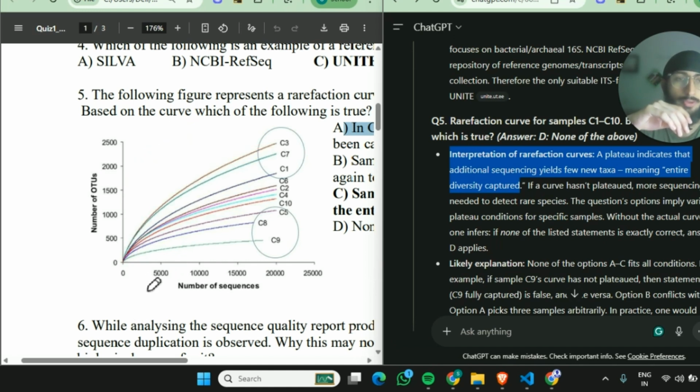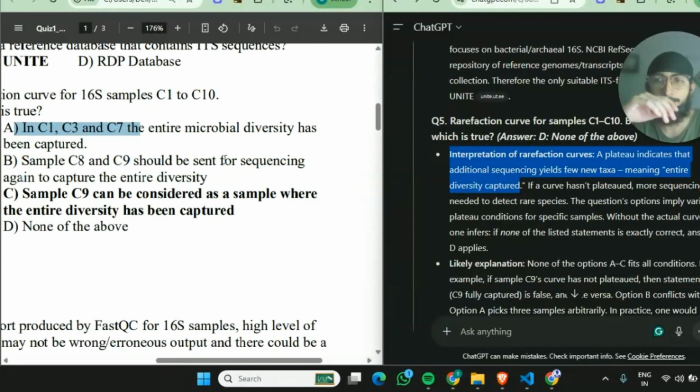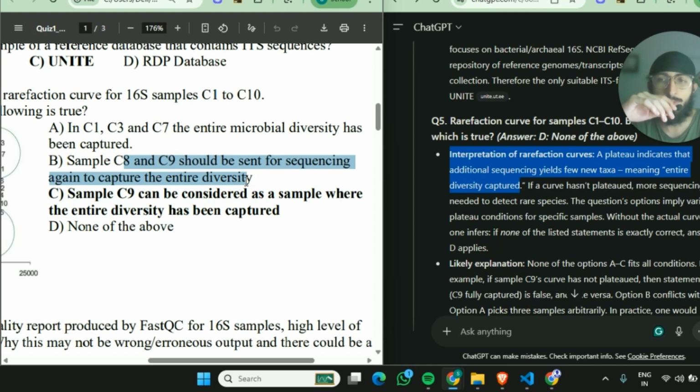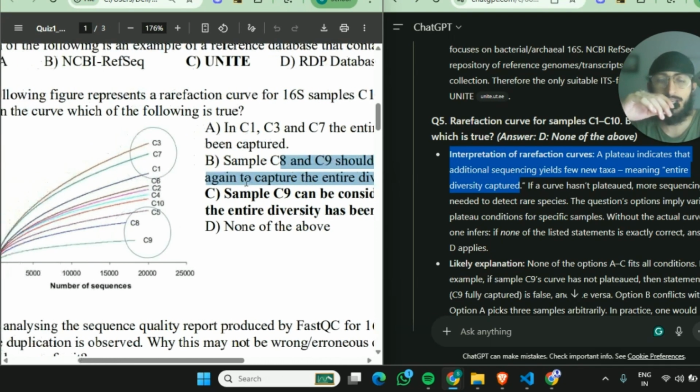But if a curve hasn't plateaued, that is, it is growing, more sequencing is required to detect rare species. The question's options imply various plateau conditions for specific samples. Without the actual curve, one infers that if none of the listed is exactly correct, answer D would apply. But let us see. Option: sample C8 and C9 should be sent for sequencing again to capture the entire diversity.